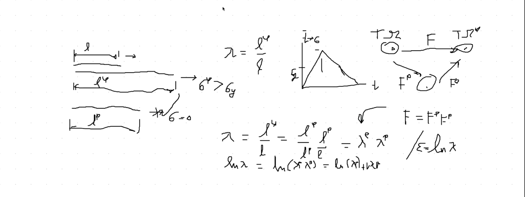Sorry about this, let me write it again, not to confuse. So basically, that amounts to saying that the total strain is equal to elastic strain plus plastic strain that we inherit from the small deformation theory.